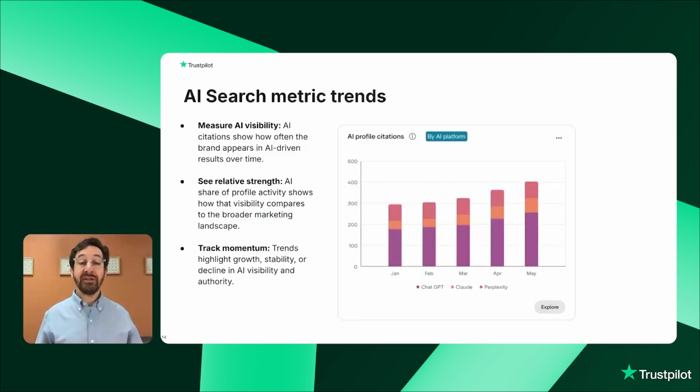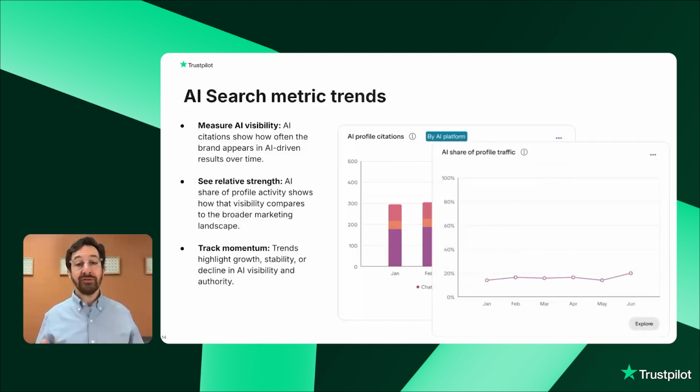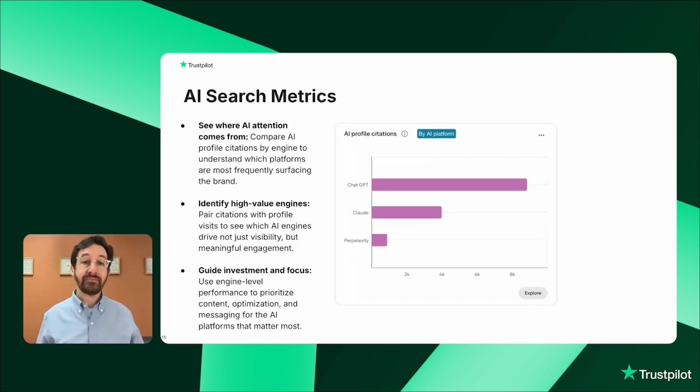Now we're also trending all of these metrics over time so you can see how they change. Here we have a stacked bar chart that shows each of the different AI search engines and their AI profile citation volume. And we're also trending things like the AI profile share of traffic so you can see how that's changing over time as well.